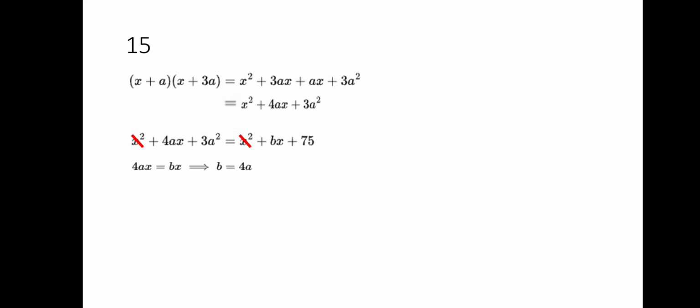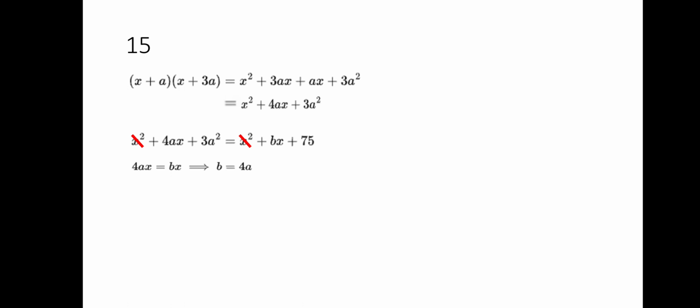Now it should be clear that 4ax is comparable to bx, so 4ax is equal to bx, and solving for b by eliminating the x, we get b equals 4a. So this is the formula, b equals 4a.